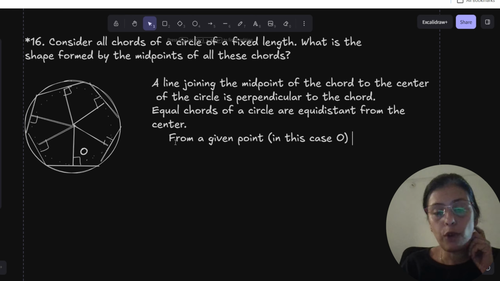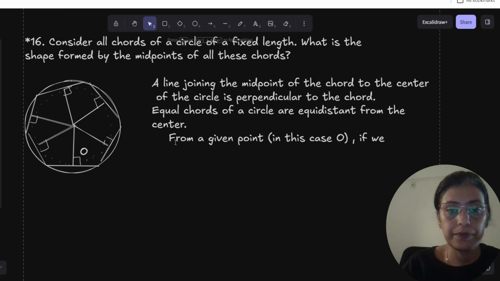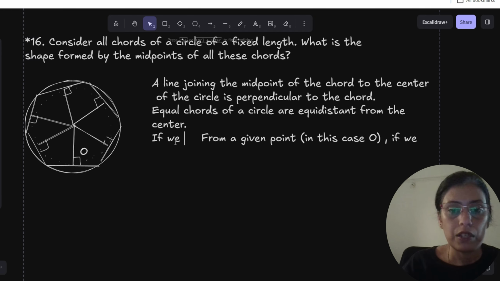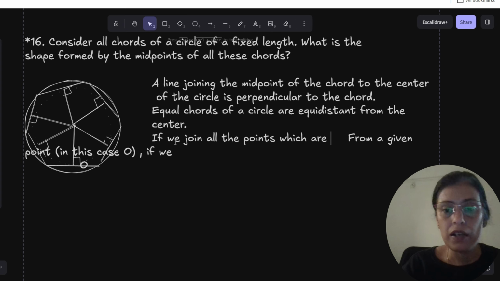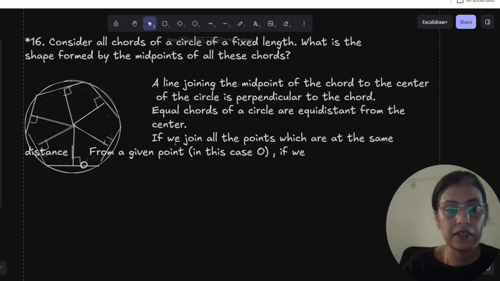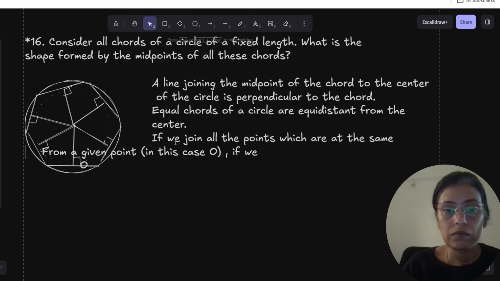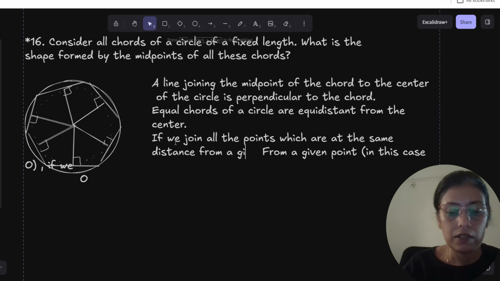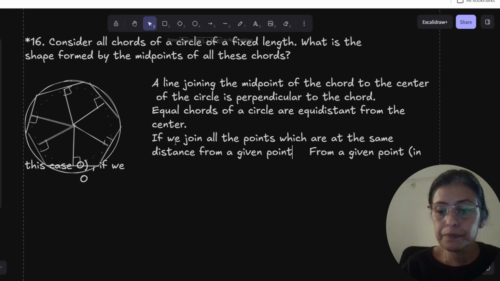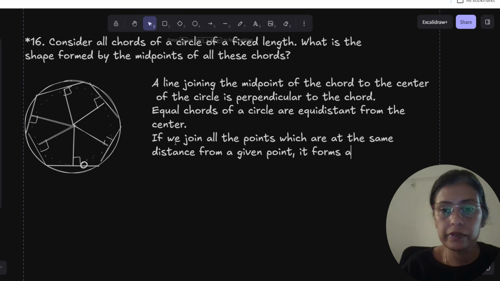So if we join all the points which are at the same distance from a given point, it forms a circle.